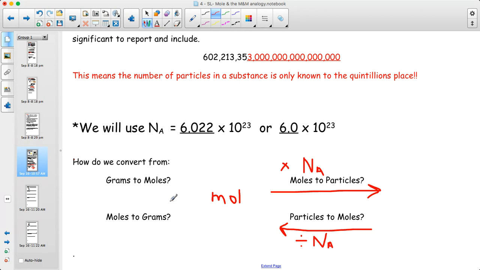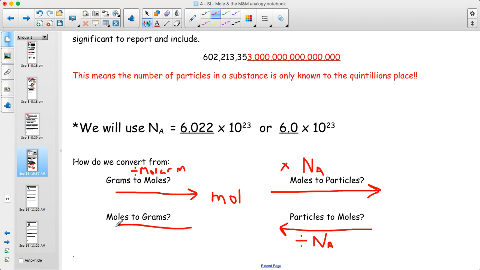Grams and moles was the same as with the bags and the bag mass. For every element, every molecule, you can figure out its molar mass by looking at the periodic table. All of those atomic masses, we're now going to call them molar masses. So take the number of grams and divide it by the molar mass. That gets us the number of moles.